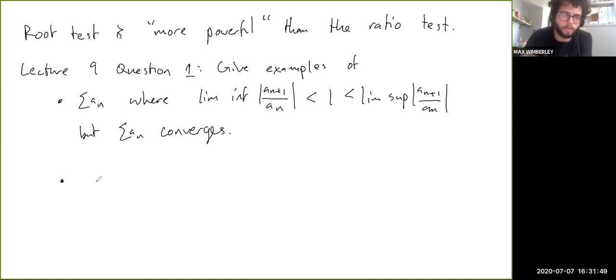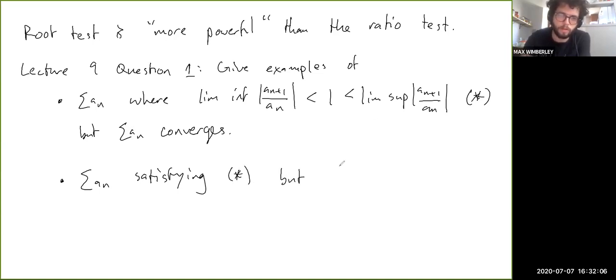And then another one satisfying the same inequalities, if we call this sequence of inequalities star, but diverges.